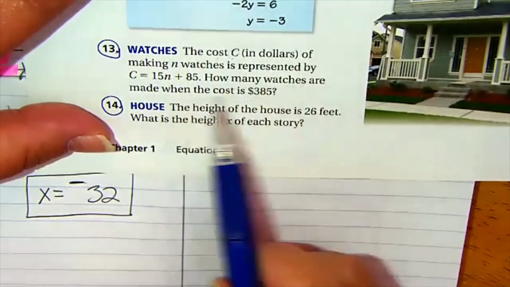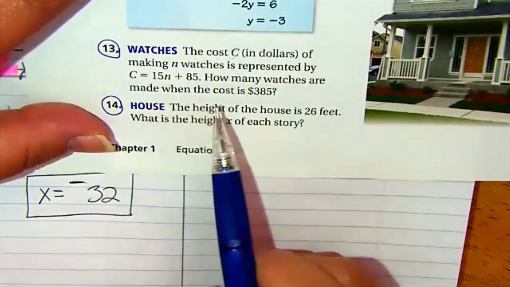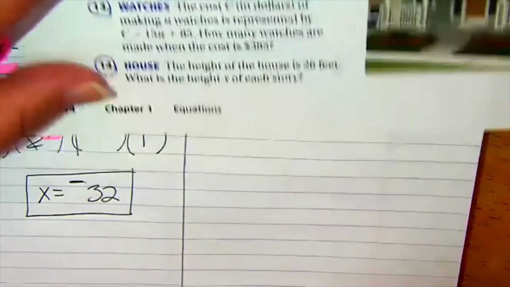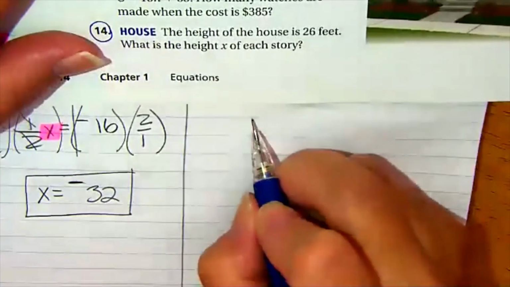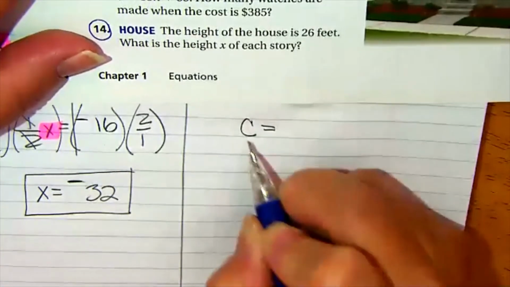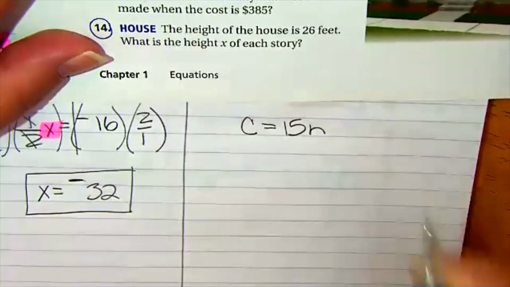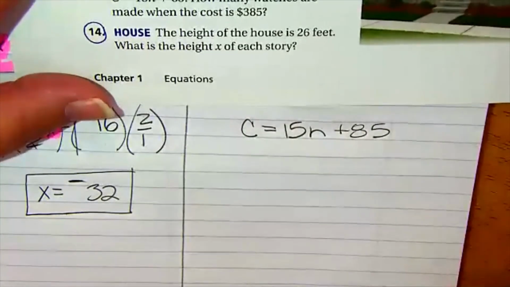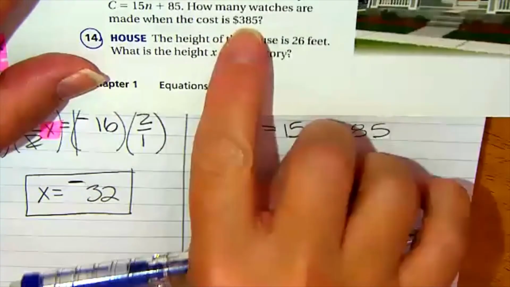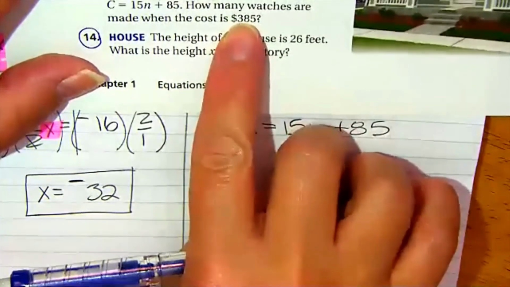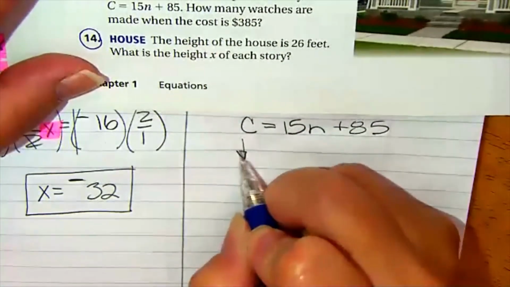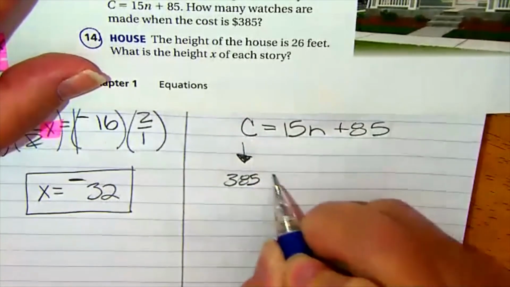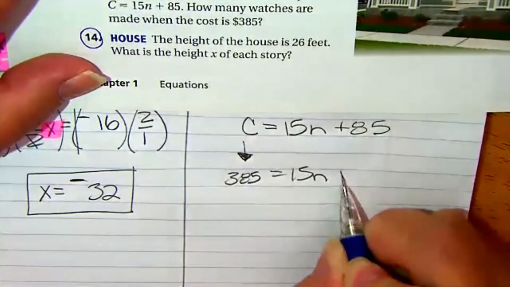How many watches are made when the cost is $385? So they're giving us the equation. The cost is 15 times N plus 85. Then they're telling us the cost is $385. So I need to write that in where my cost is.